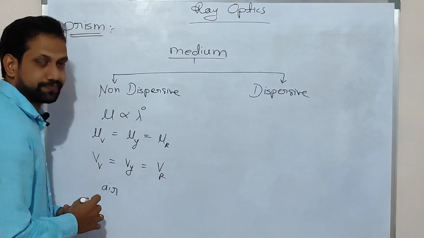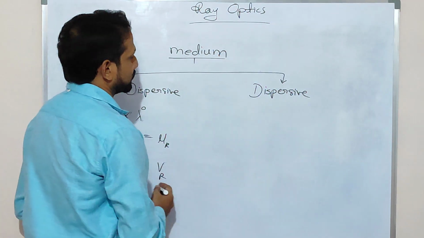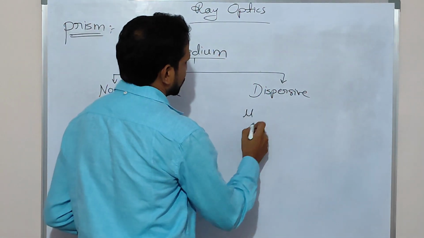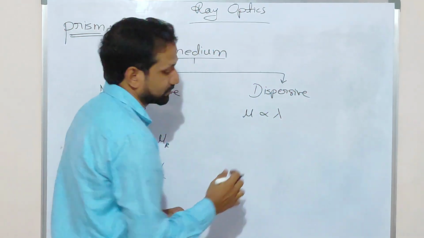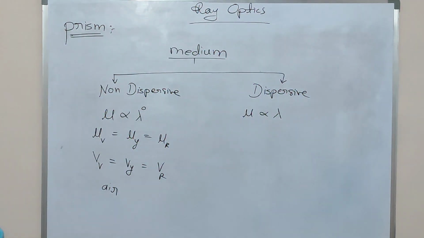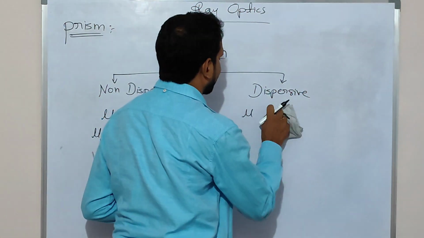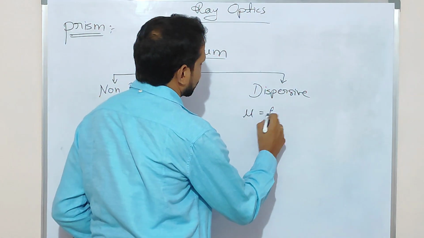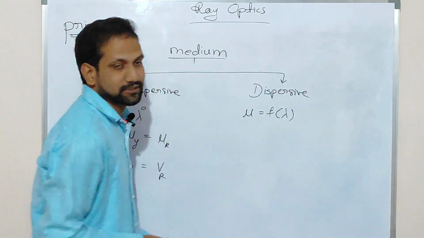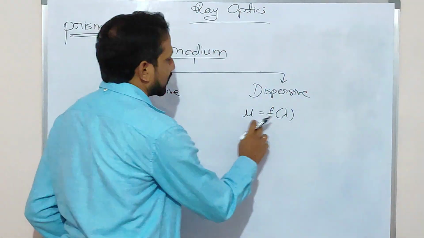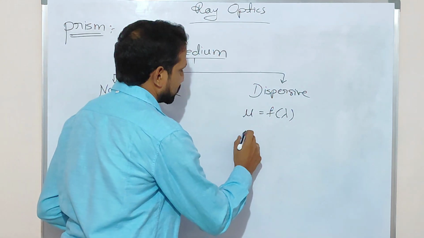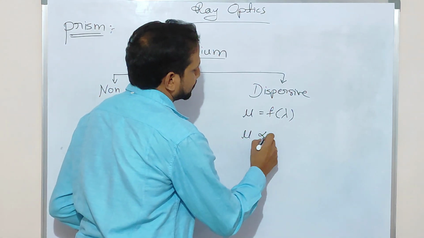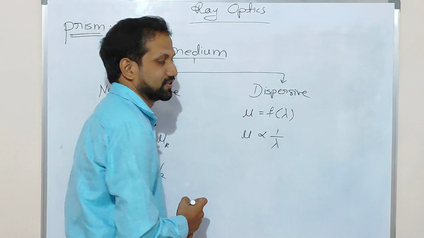Example is air. Okay, coming to the dispersive medium. In the dispersive medium, the refractive index is a function of lambda, f of lambda. So based on the lambda, the refractive index will be there. What is the relation here? The refractive index is inversely proportional to wavelength.